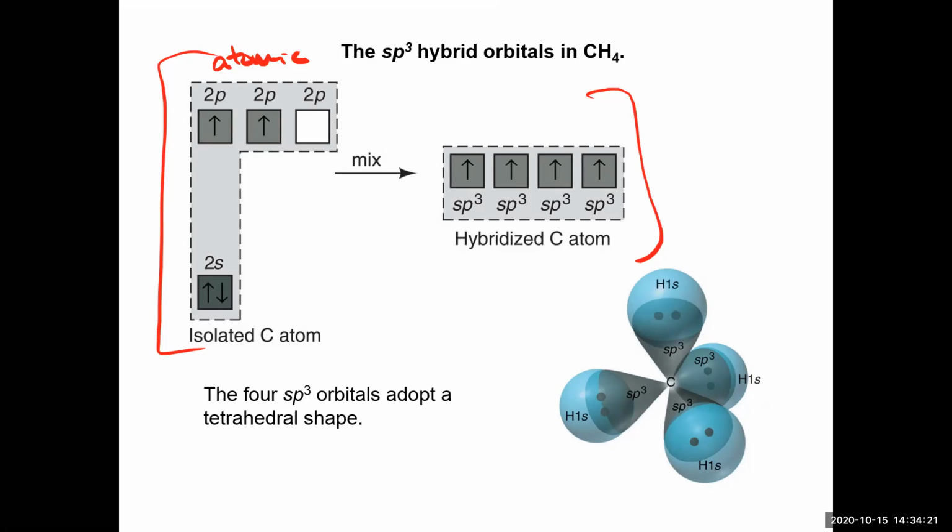The orbitals fuse into a new orbital where all are the same type. If I drew an s orbital separate and a p orbital separate, what we're getting are called sp orbitals. In this case, sp3 orbitals, and I'll talk about that 3 in a second.